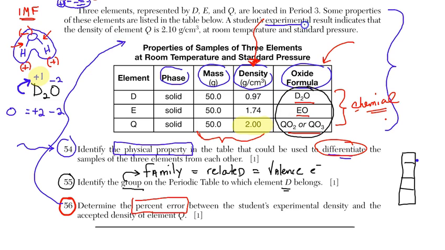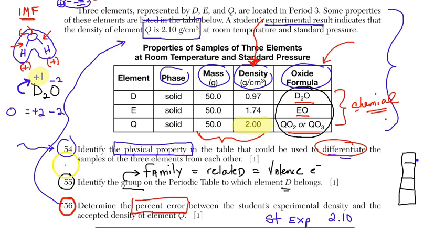A student's experimental result indicates the density of element Q is 2.10. So there's my experimental, and there is my known. I'm going to write that down here. The student's experimental is 2.10.